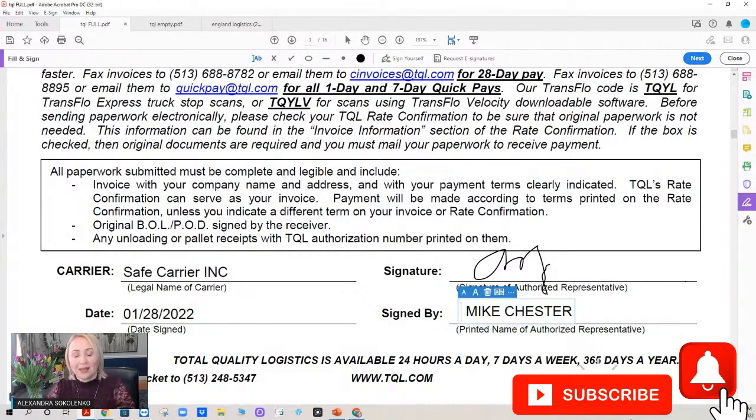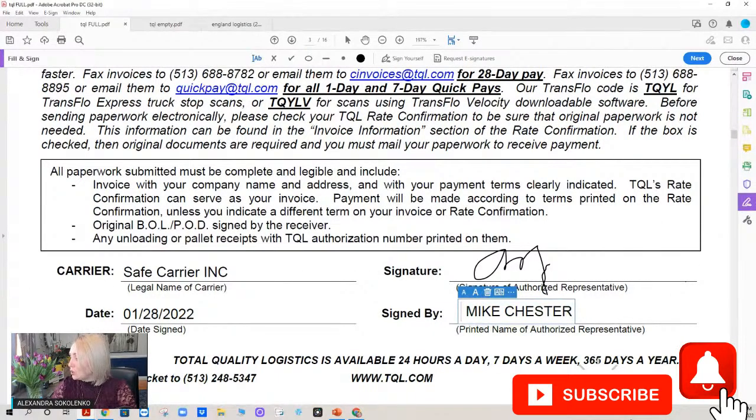I just created a fake name. So he's the owner of the company. This is his signature, not my signature. He gave me permission as a dispatcher to use his signature. If I am an independent dispatcher, I have limited power of attorney to use his signature. So good, guys.